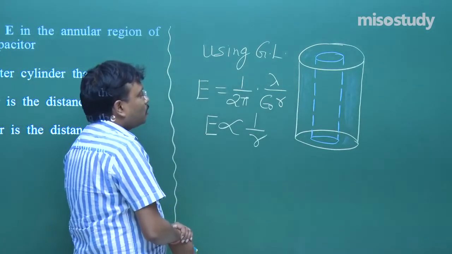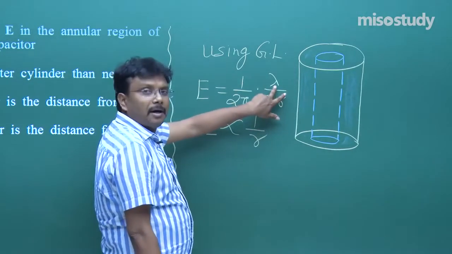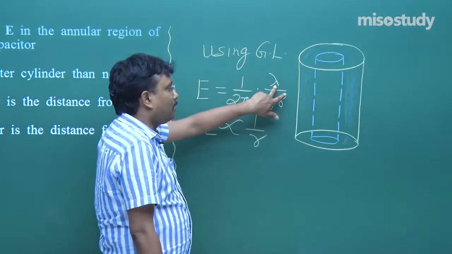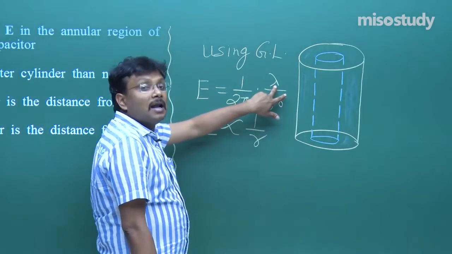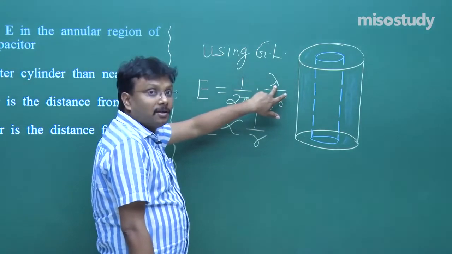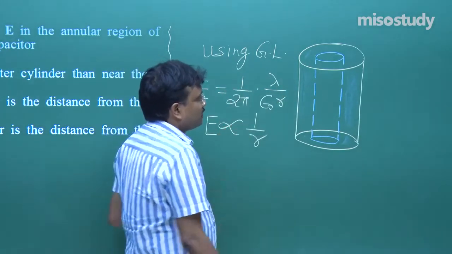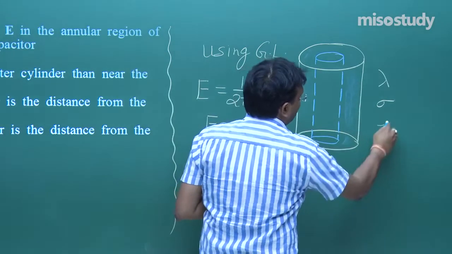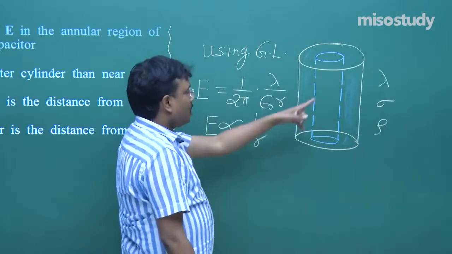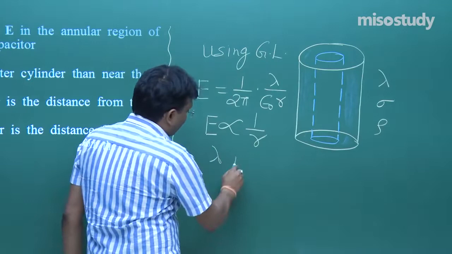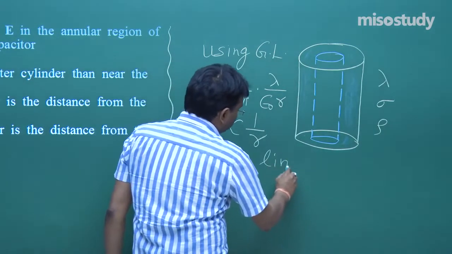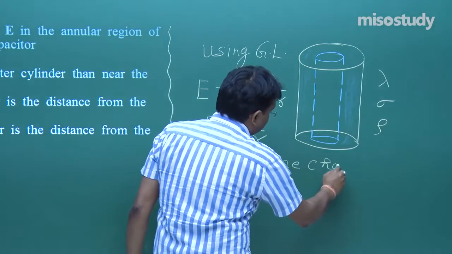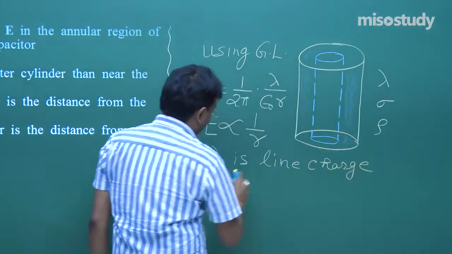And if I ask you what is the name of lambda, you will say without even waiting a second: line charge density. Fine, because we discussed three types of charge densities: line charge, surface charge, volume charge. Fine. So lambda is line charge density.